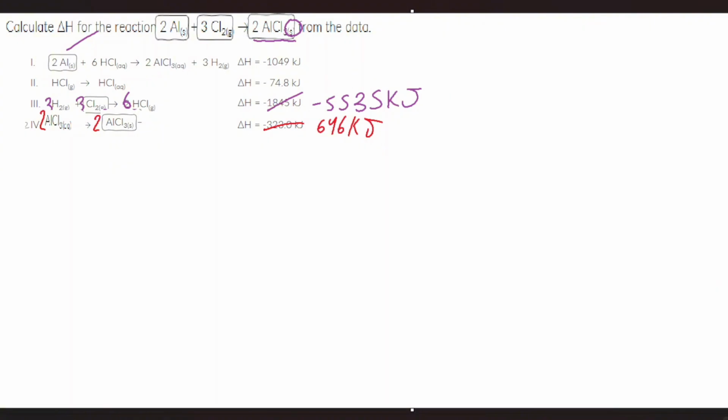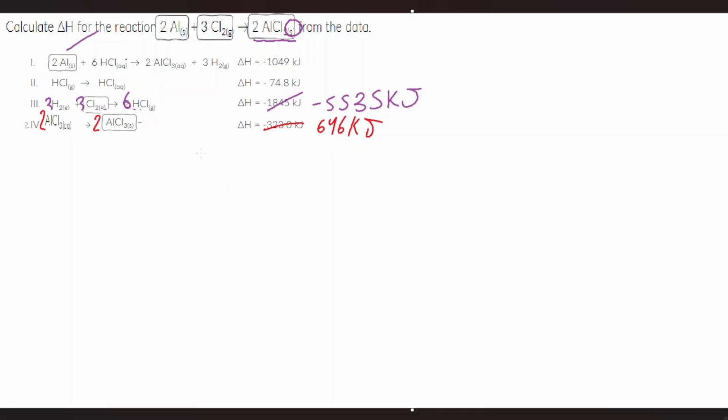Final thing we're going to do is look at reaction 2. We still have HCl as a reactant, and there's no way to cancel it fully yet, because even if we cancel this and that, we still have 5 HCl's on this side, because 6 HCl's cancels out 1 HCl, leaving us with 5 HCl's.